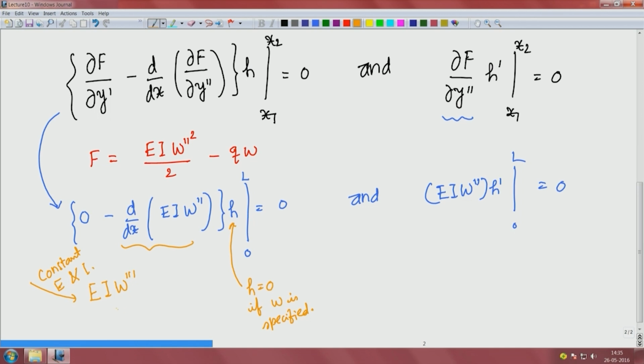So, for that we can actually interpret this again from beam theory, if you recall, that is nothing but the shear force. In the shear force and bending moment diagram we do, that is the shear force. Likewise, this particular thing here is bending moment, because w double prime is proportional to curvature and curvature is proportional to bending moment. That is our Euler-Bernoulli beam theory. This is bending moment.